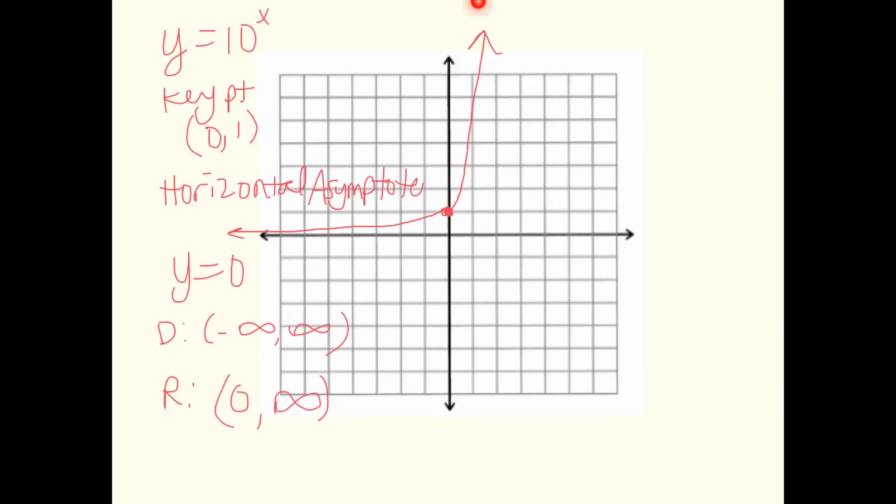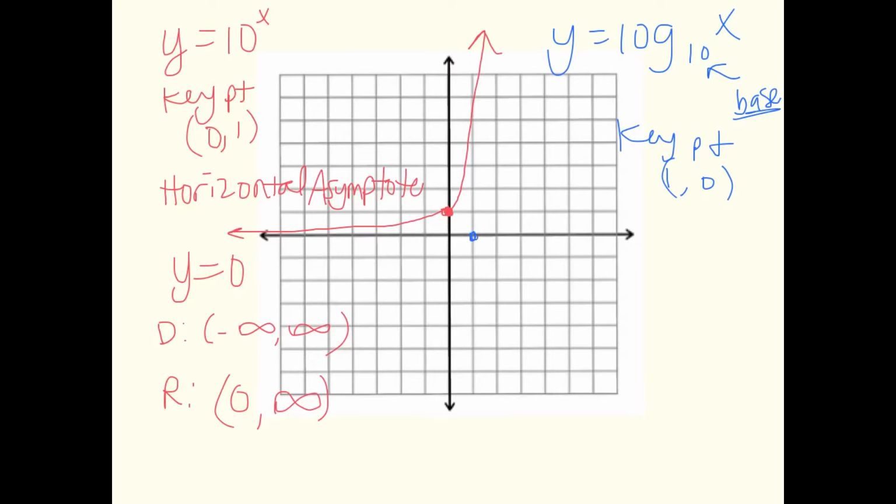Now, the logarithmic function, and this is a base right here. If there is no base, then just assume that it's a 10. And we'll work with other base numbers later. But its key point is at 1, 0.